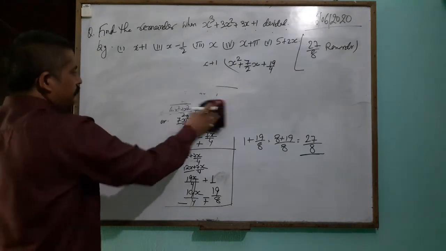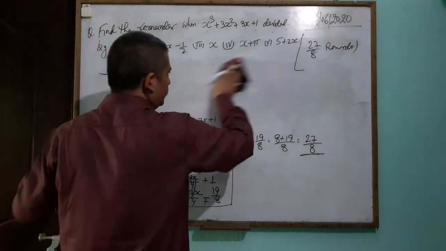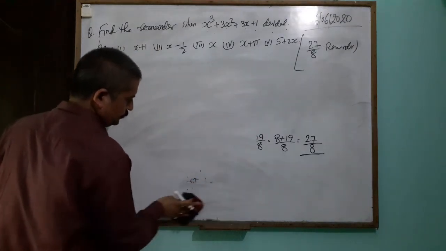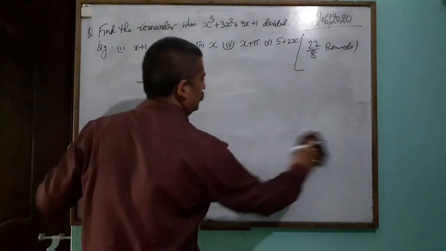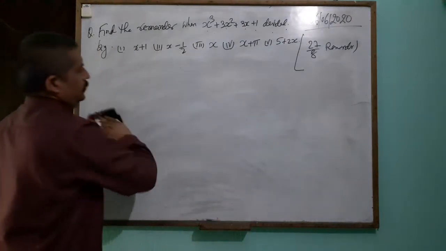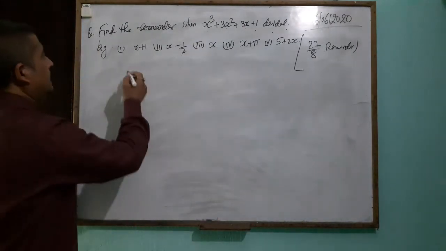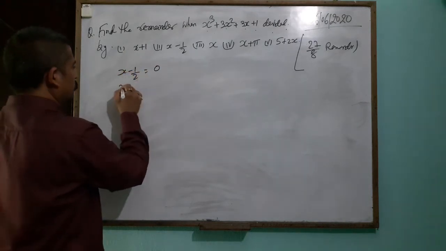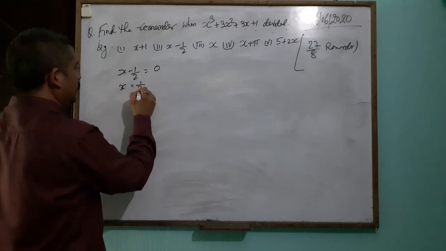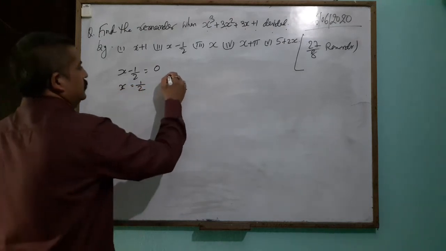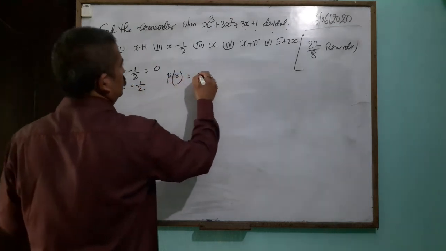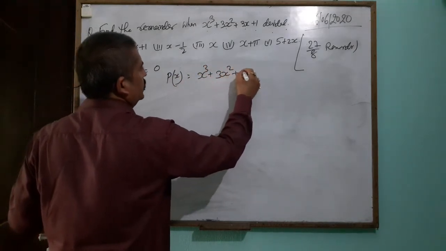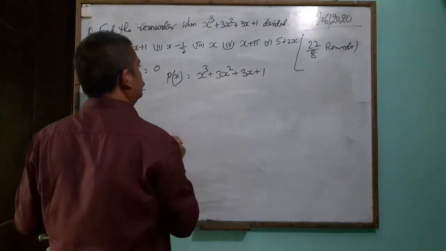Then I check with another process whether the remainder is right or wrong. If x minus 1 by 2 is equal to 0, so x is equal to 1 by 2. So p(x) equals x cube plus 3x square plus 3x plus 1.